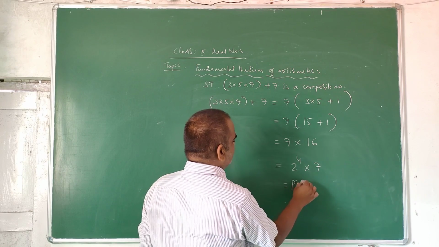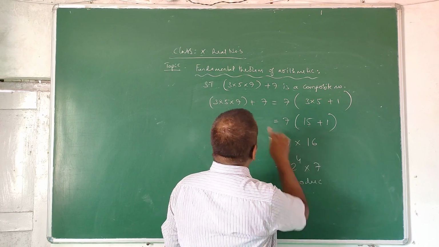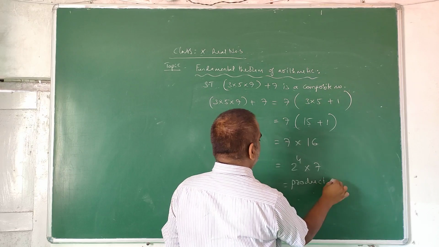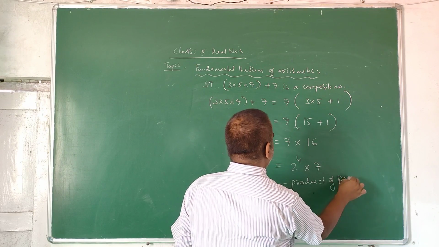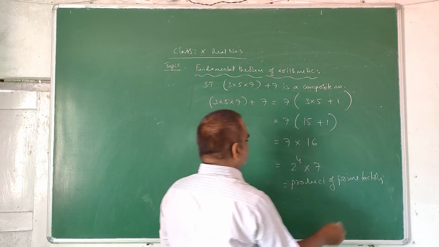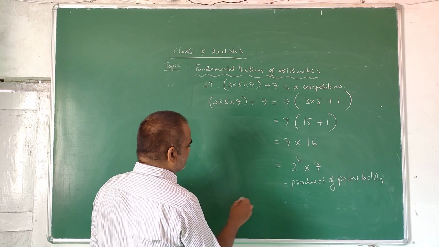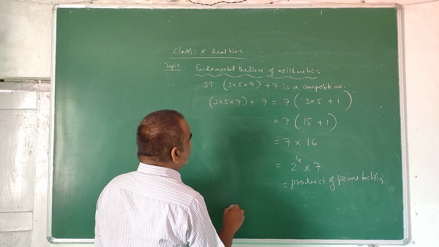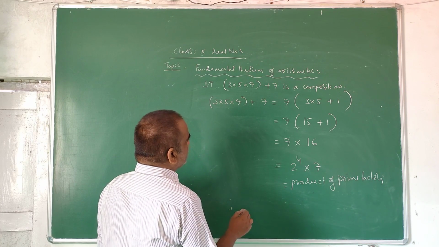This value is a product of prime factors. So every product of prime factors is a composite number. So RHS is a product of prime factors, so RHS is a composite number. Therefore LHS is also a composite number.